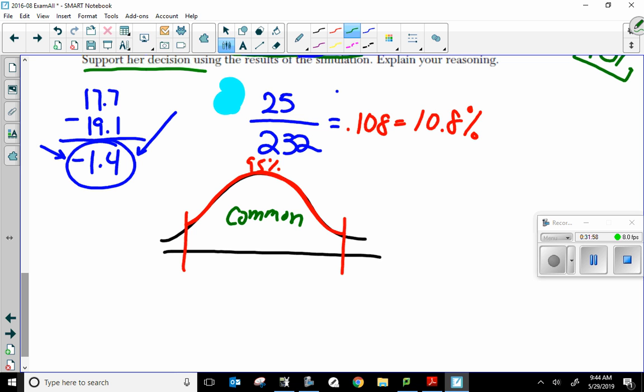That means 5% are not common. They're on the outside. Half of those would be to the right, and half of those would be to the left. That means 2.5% would be on the high end, and 2.5% would be on the low end. These 2.5%, if I add them, give me the 5%. Then when I add the 95, that is the 100% of all my possibilities.